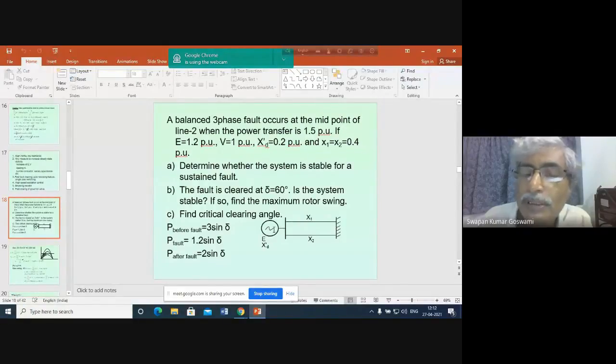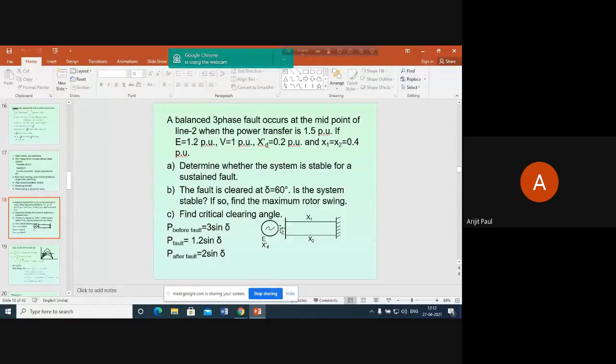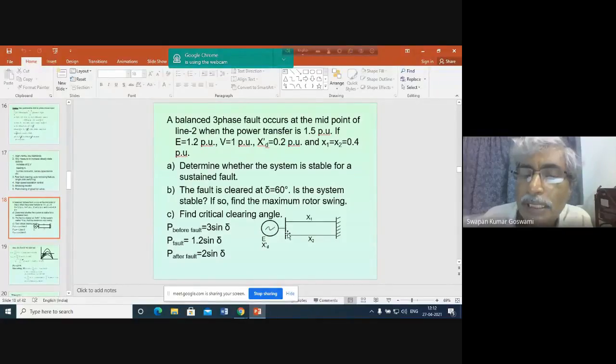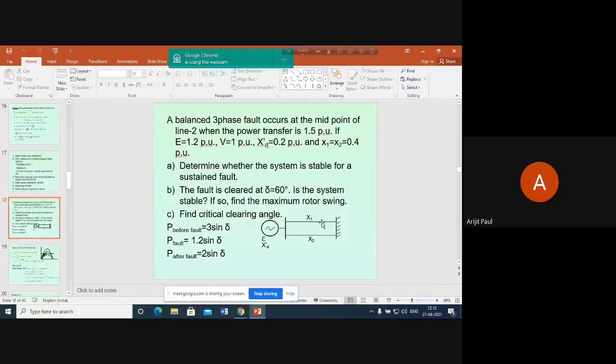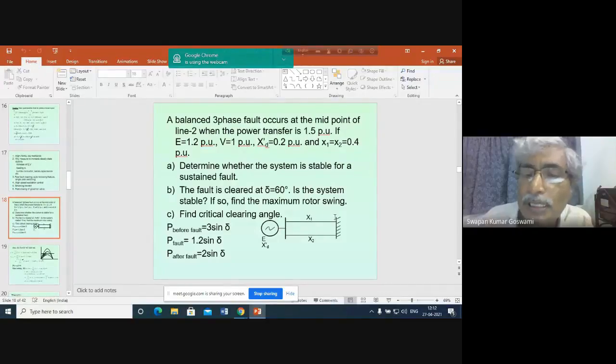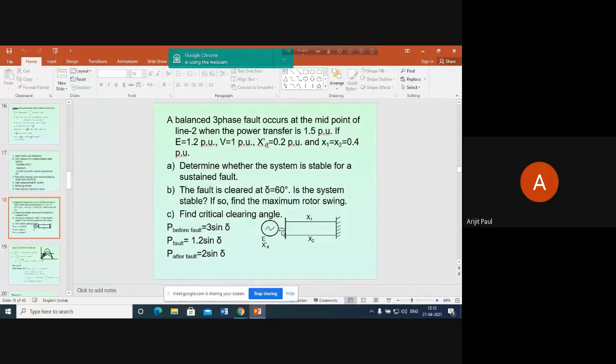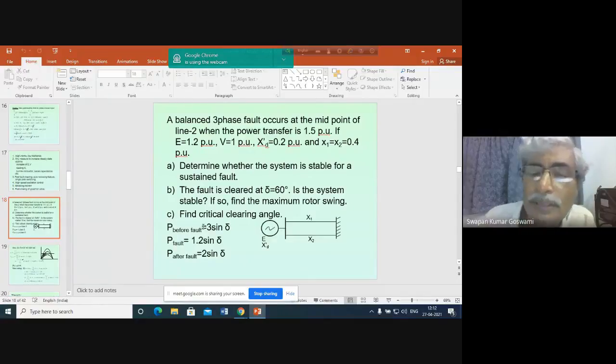From the star-delta conversion, you get one impedance here, another here, another here. From here to here, you can calculate the reactance: this reactance plus this reactance plus the product of these two divided by the third, by the conventional technique.